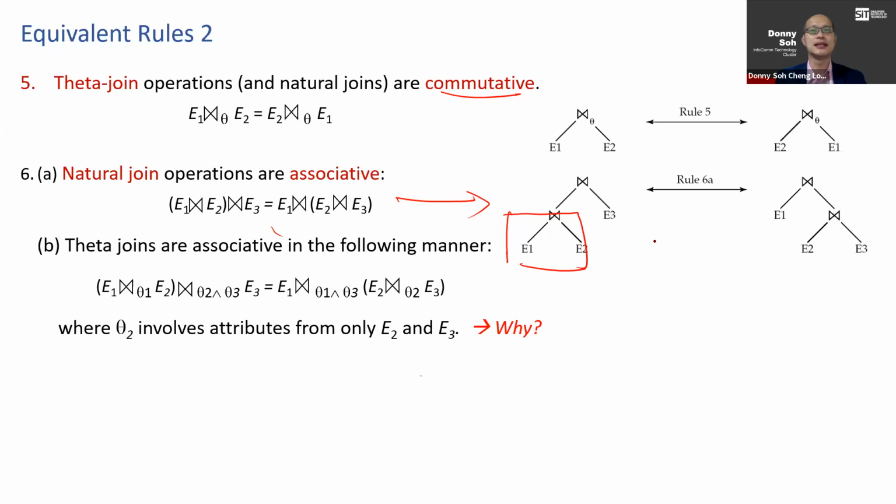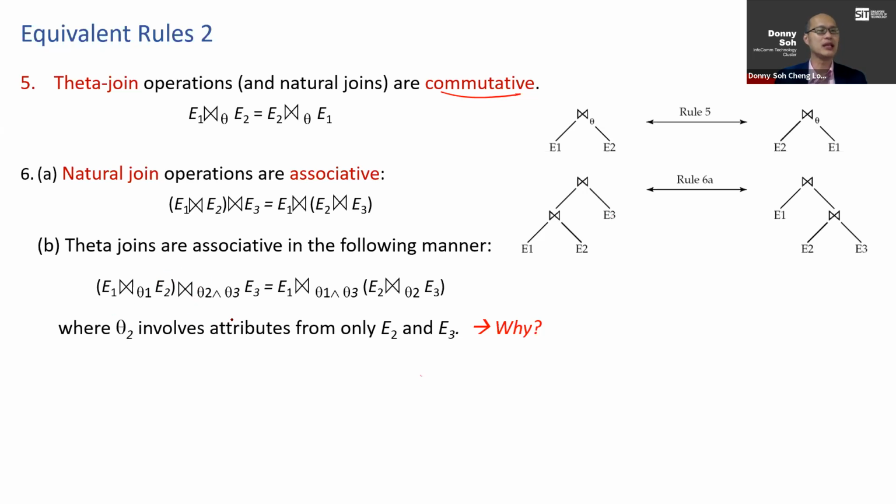This is exactly the same as joining E2 and E3 first, and then joining the resultant with E1. So they are both exactly the same. It is also quite intuitive to see why. I hope this is clear for all, so I won't go into detail on this one.